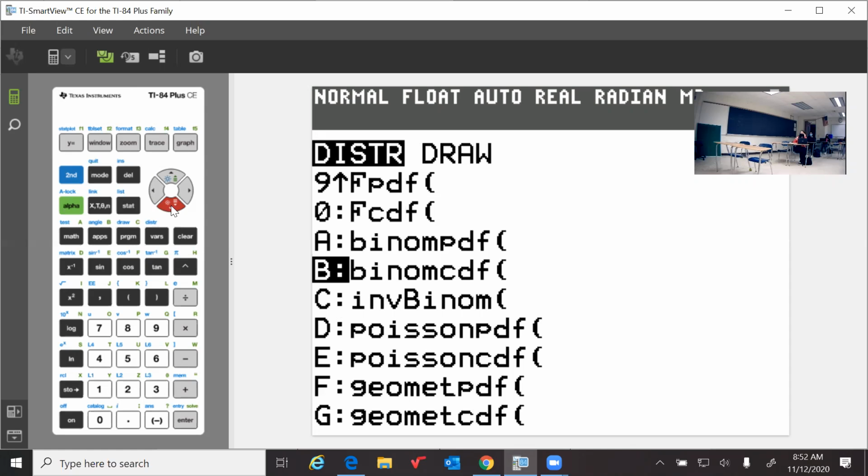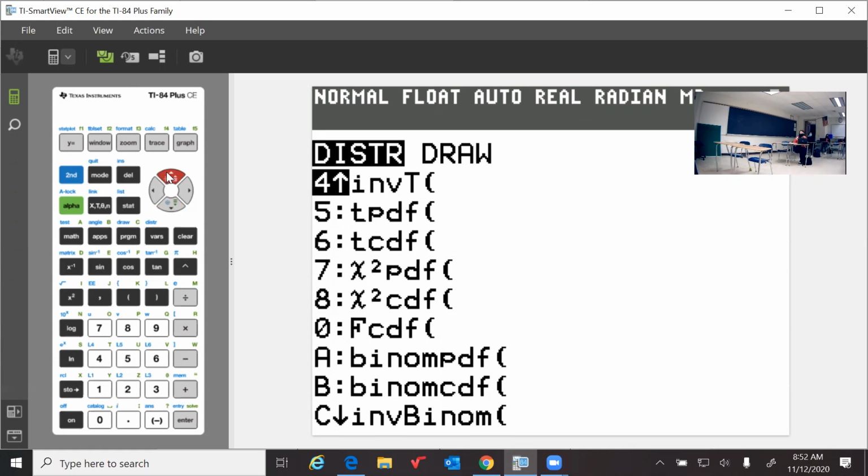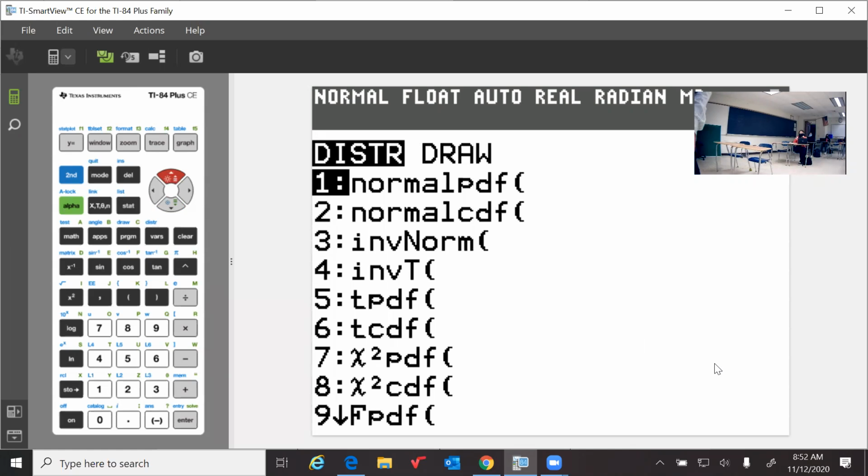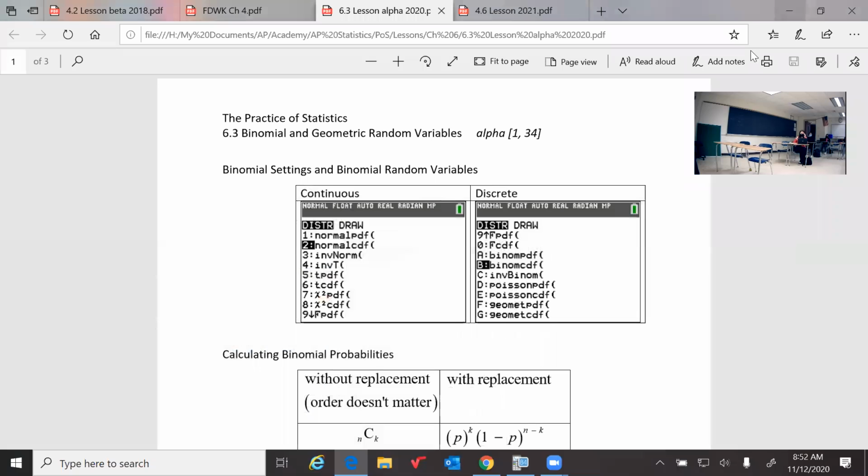So back here, for what you're familiar with, we've been using normal CDF because normal PDF just gives you the height of the standard normal curve at a specific input. We're not interested in the height of the curve, but the area of the curve up to and including that vertical cutoff.